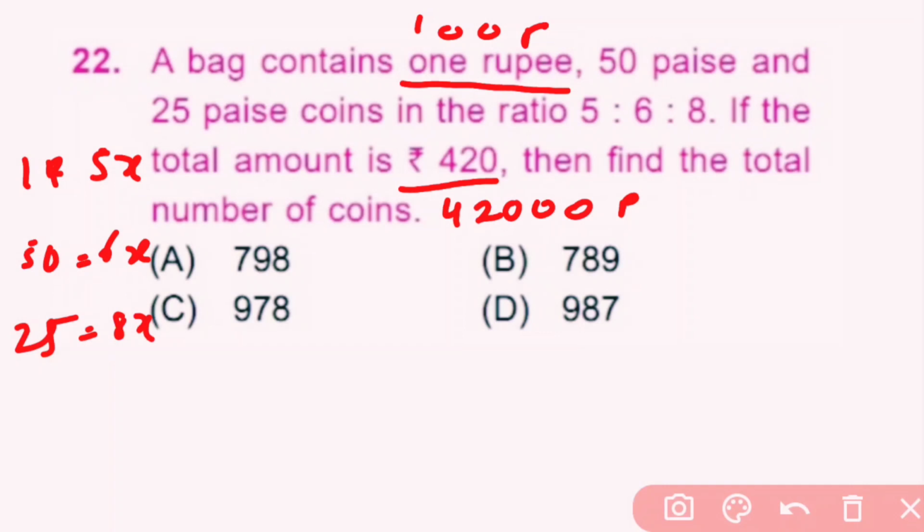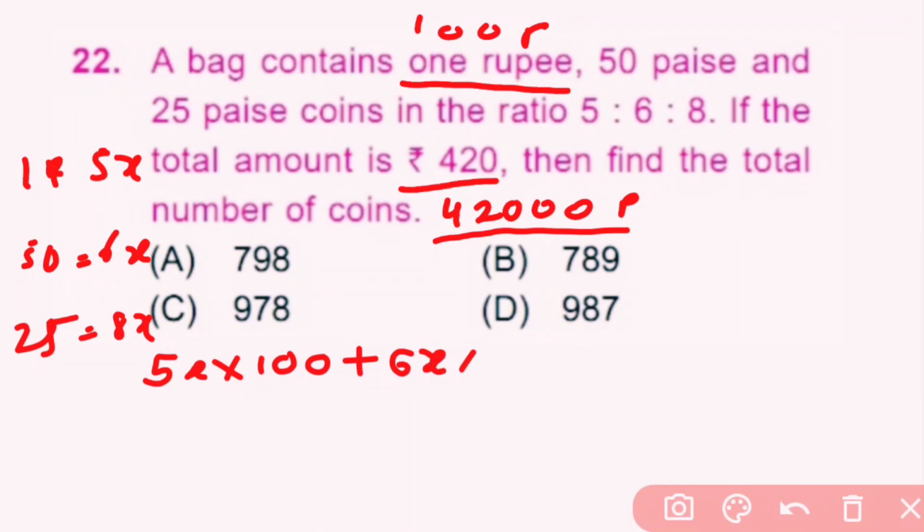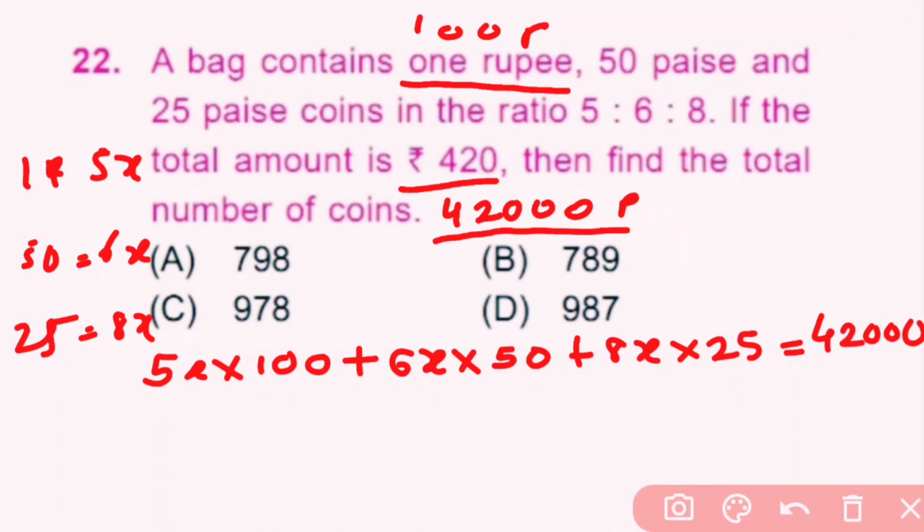and total is 42,000 paise. So here 5x into 1 rupee means 100 paise plus 6x into 50 paise plus 8x into 25 paise is equal to total 42,000 paise.